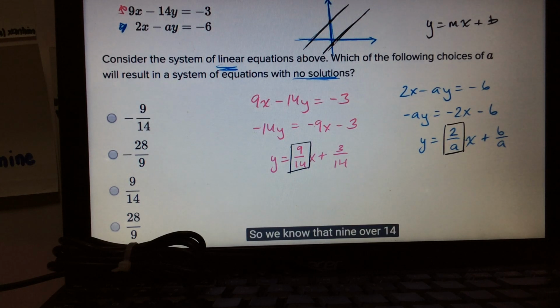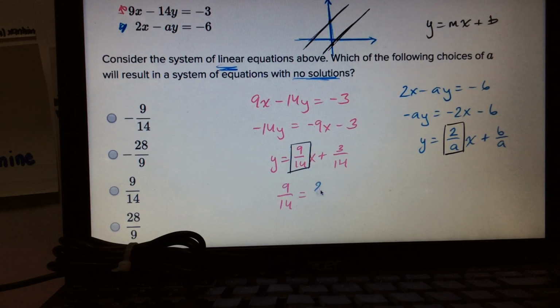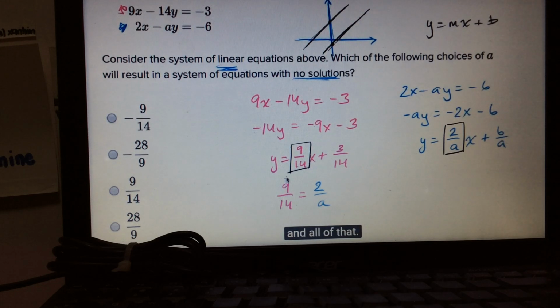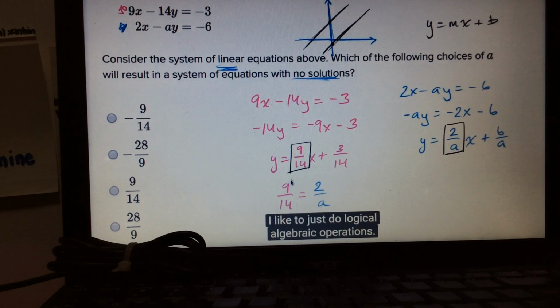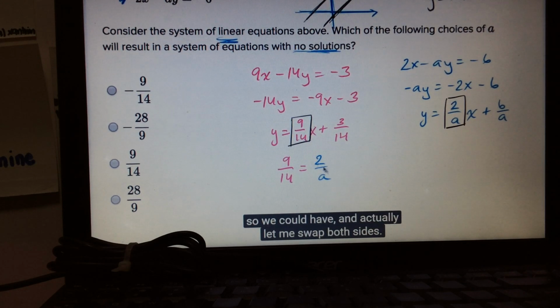So we know that 9 over 14 needs to be equal to 2 over a. Sometimes people say cross multiplying, but I like to just do logical algebraic operations. We could take the reciprocal of both sides, and let me swap both sides.